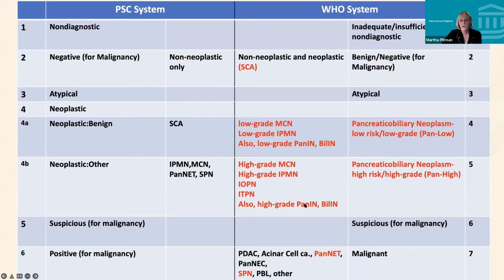But they're very rare lesions in the pancreas, so by and large, the lesions in these two categories are going to be your intraductal lesions, and of those, your IPMNs are going to dominate those. Then we have an indeterminate suspicious category and a malignant category. And again, the pan-net or pancreatic neuroendocrine tumor and your solid pseudopapillary neoplasm are now in the malignant category.